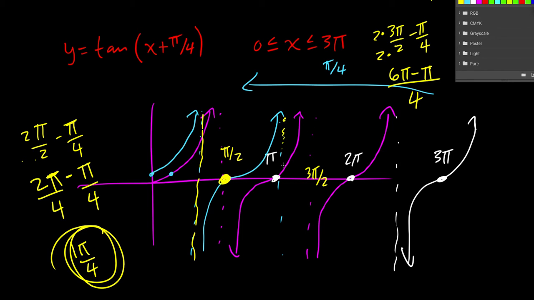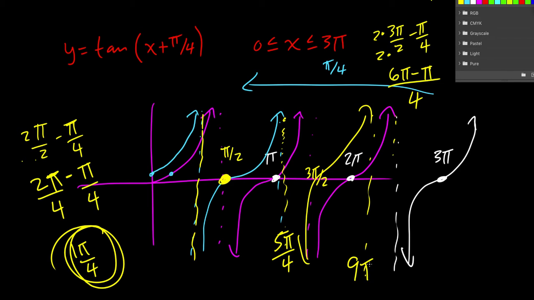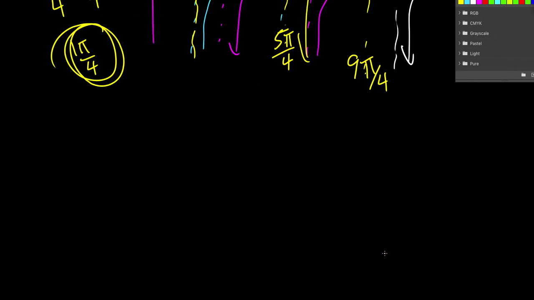So this new asymptote right here would be at 5 pi fourths. And if we go through the same process, our other new asymptote, about right here, is going to be at 9 pi fourths. So I'm going to have you just label those values, and we'll call it good on that example.